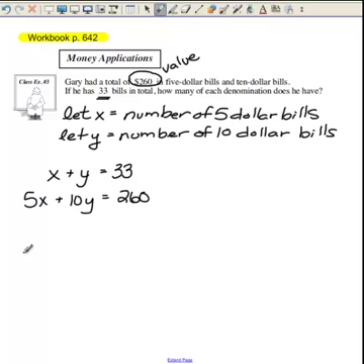Now, I could use elimination to solve this equation fairly easily. I'm going to take the first equation here and multiply it by 5. So 5x plus 5y equals 165.